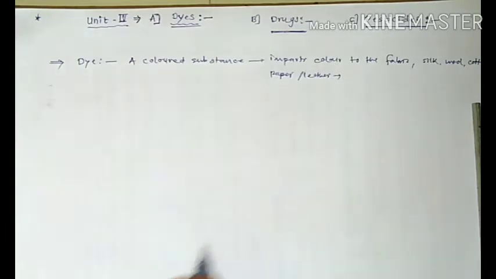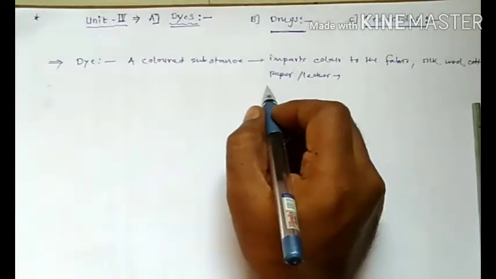Another way to define a dye is a colored substance which, applied on a fabric, gives it a permanent color.